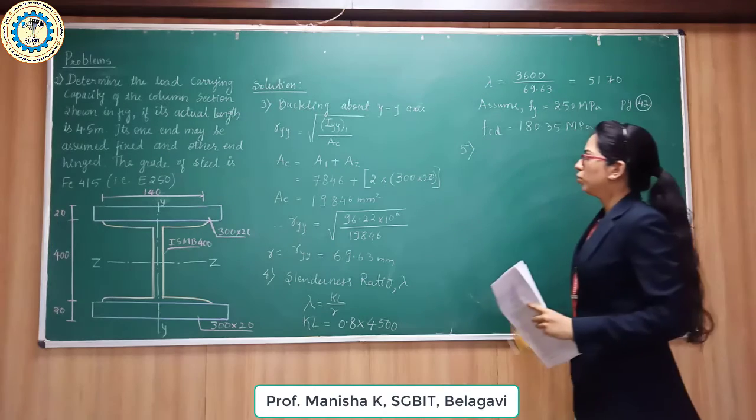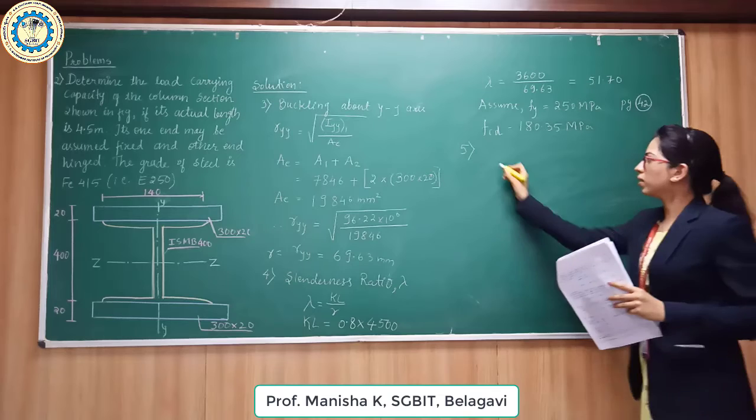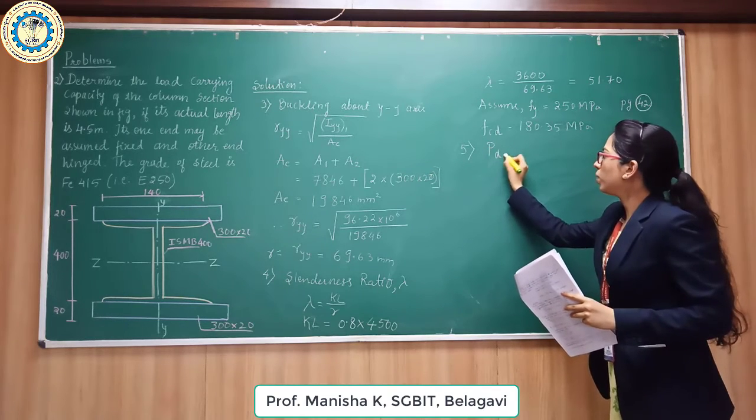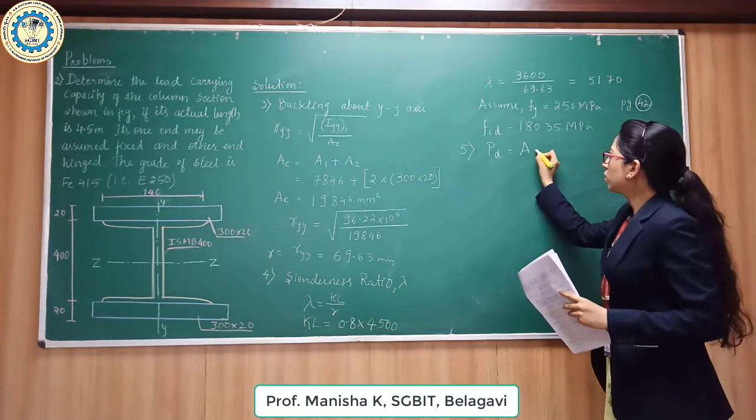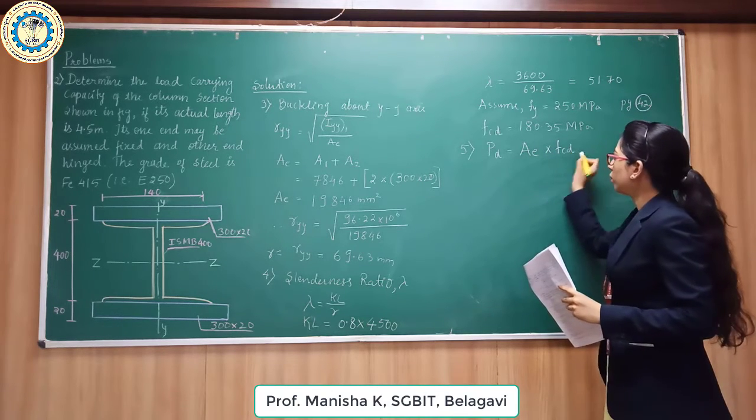Now we will move to the fifth step. That is nothing but the calculation of P of D is equals A of E into f of CD.